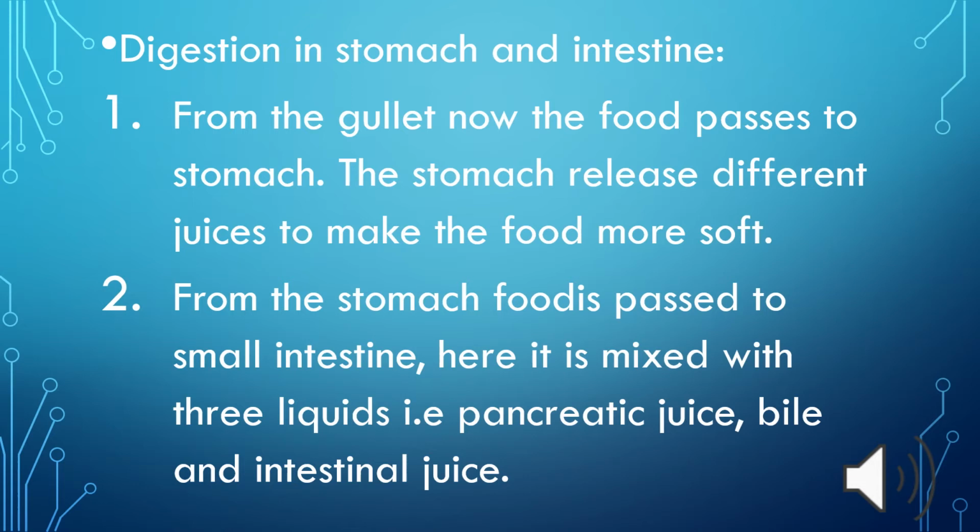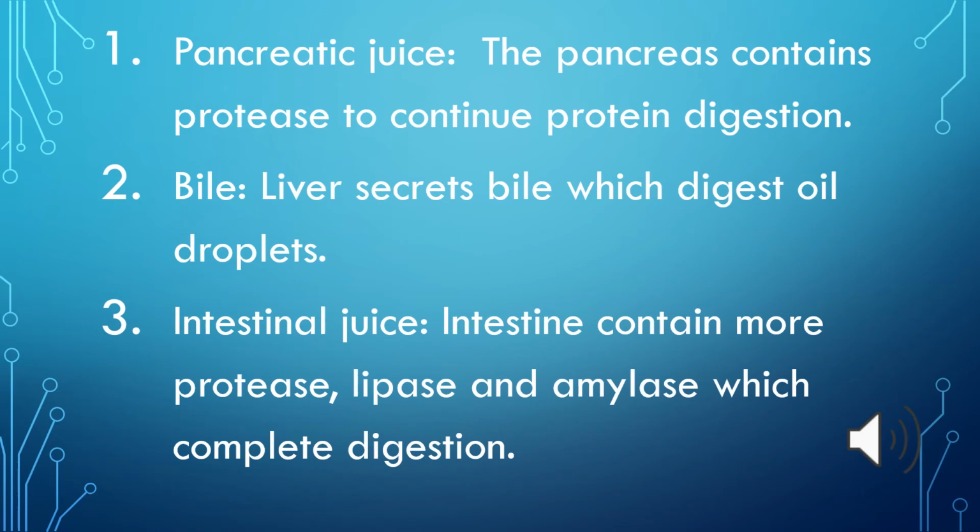When the food enters the stomach, special juices are secreted to make the food further soft, and this makes the food digestible. The different juices are pancreatic juice, bile, and intestinal juice. Now we will move towards the functions of the 3 liquids.